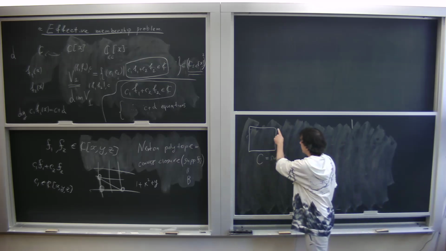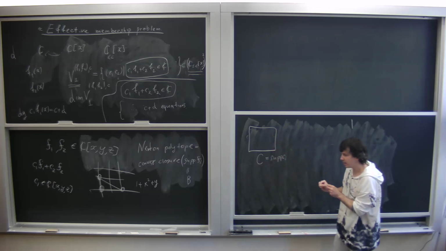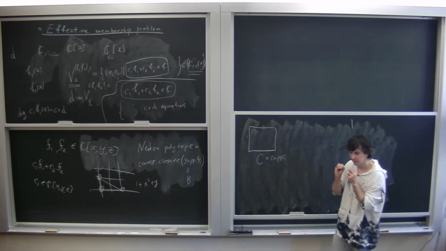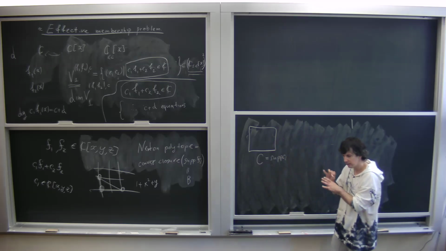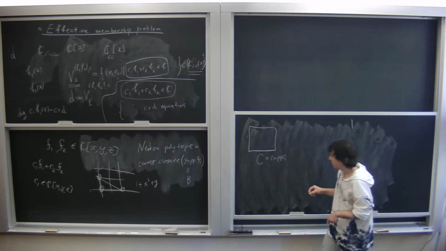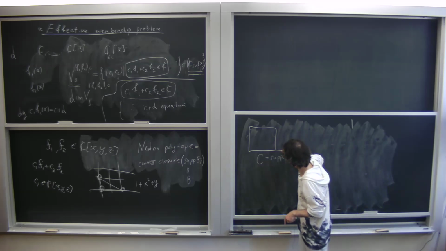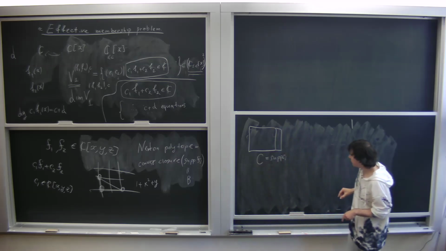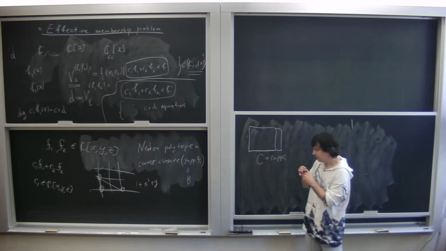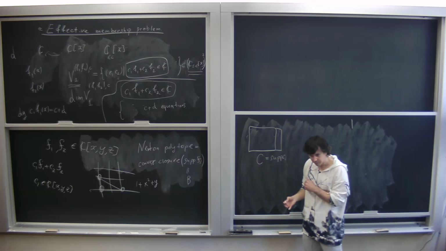And what is the most convenient way to add extra vertices or just extra points to C? Let us test the situation when we add an extra facet to it.